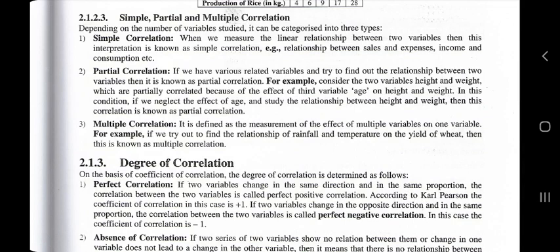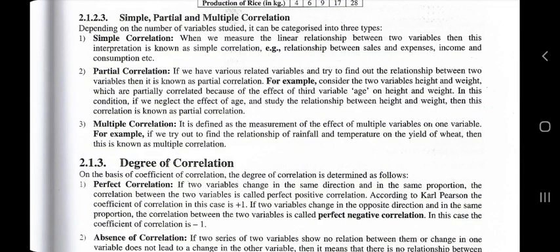So let's see, in this condition, if we neglect the effect of age on the relationship between height and weight, then the correlation is known as partial correlation. Means we have neglected a factor, then that particular correlation will be the partial correlation.